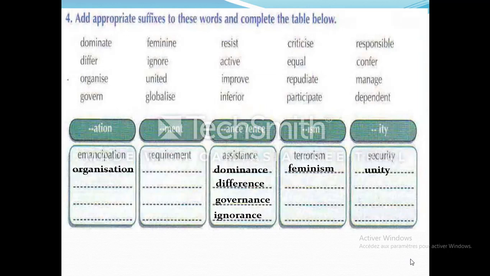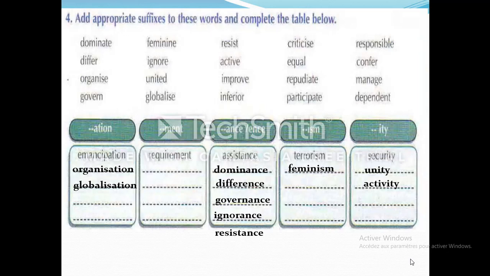Unity. Globalize. Globalization, like organization. Very good. Next we have resist, resistance. Very good. Next we have active, activity. I think this one is very easy.